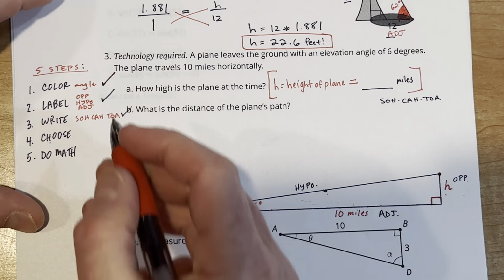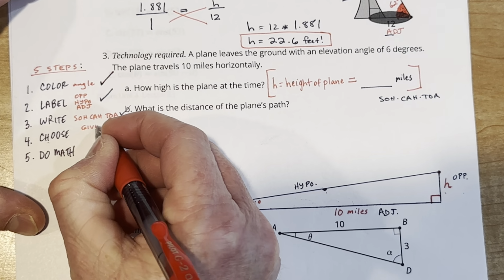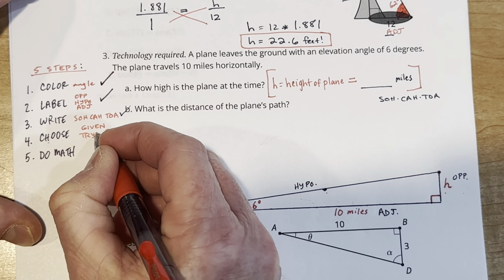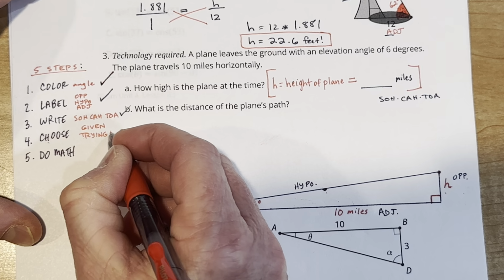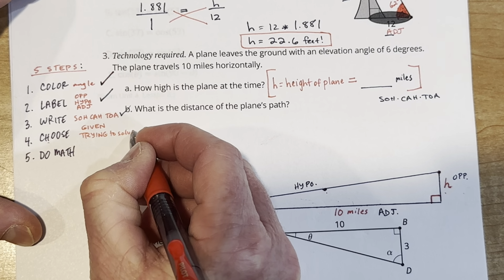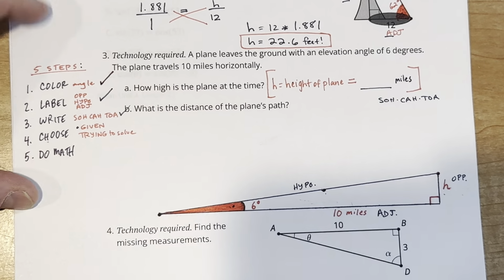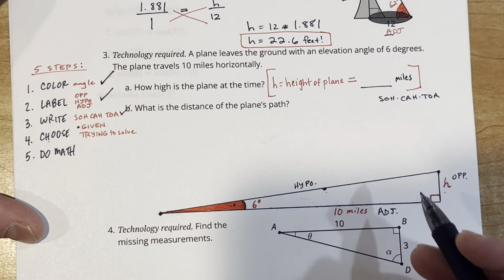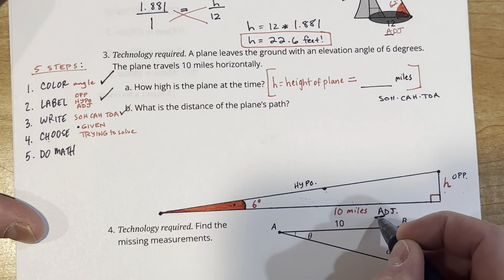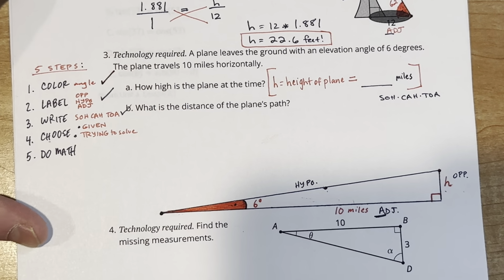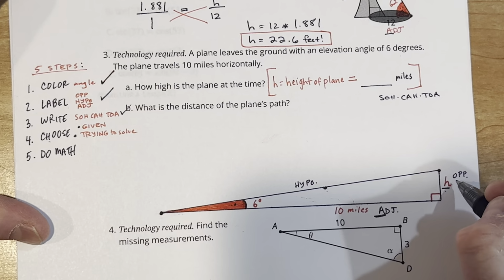What do you use? You use the given plus the one you're trying to solve. So you use your given side, 10, adjacent, plus the one you're trying to solve, H, opposite.